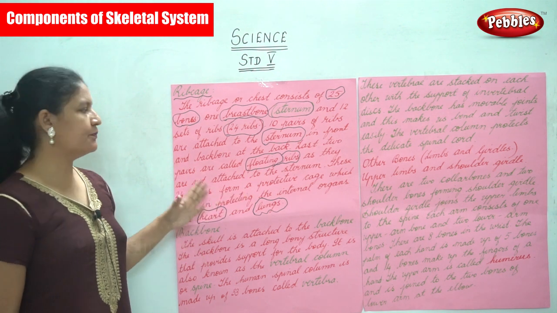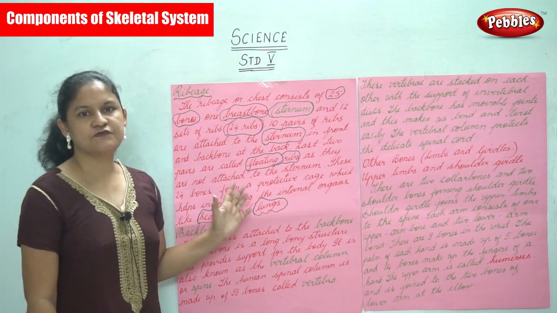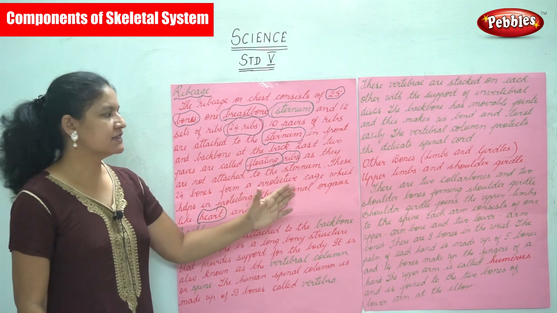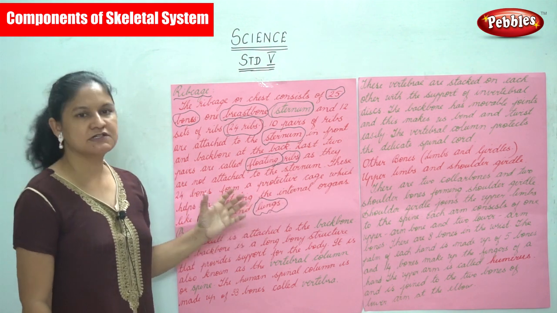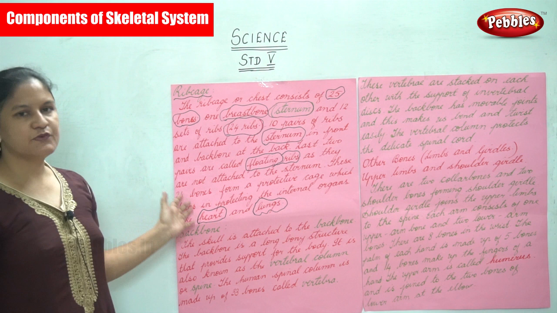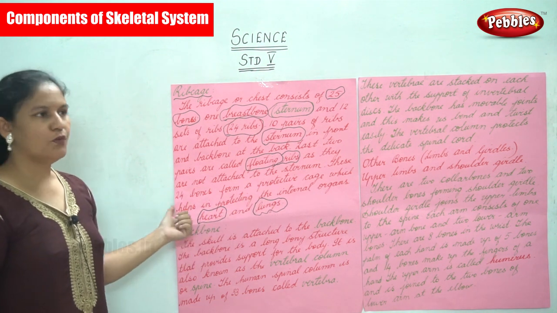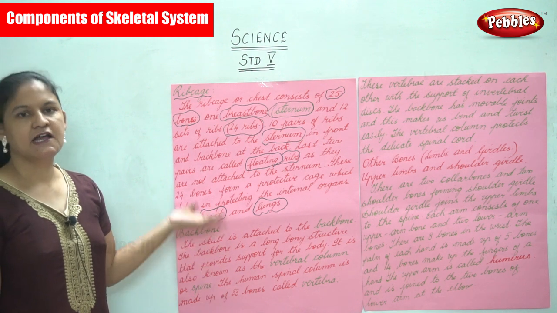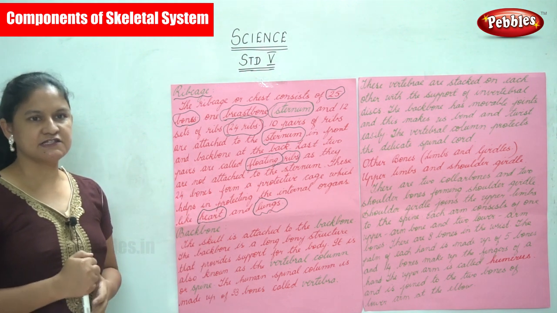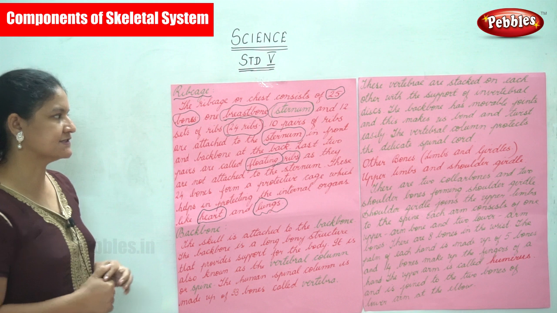The last two pairs of ribs are called floating ribs as they are not attached to the sternum. These 24 bones form a protective cage which helps in protecting the heart and lungs.